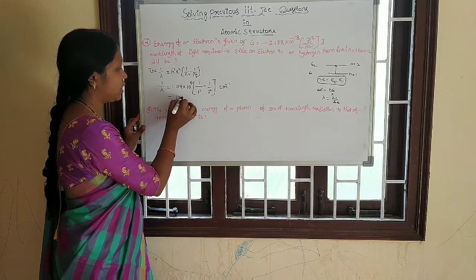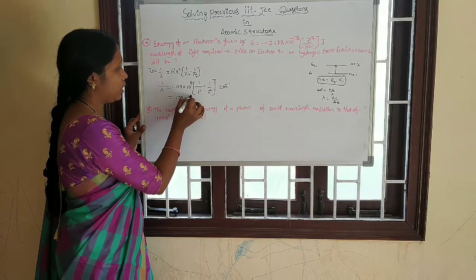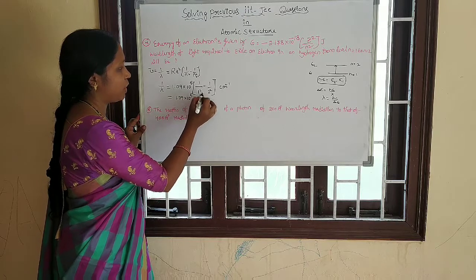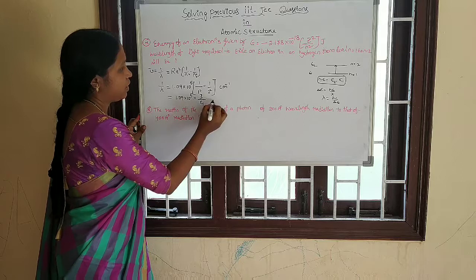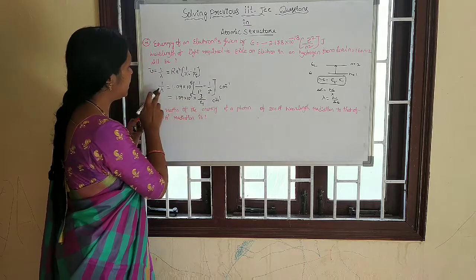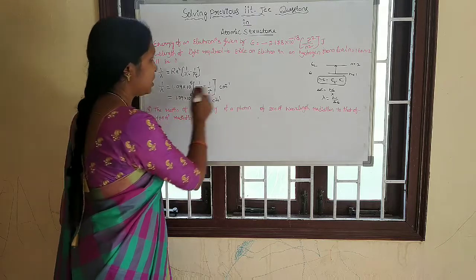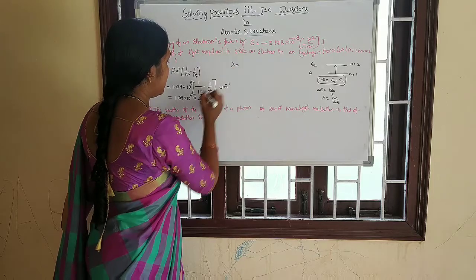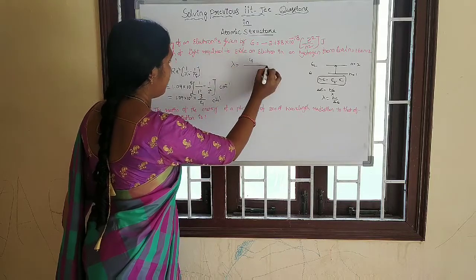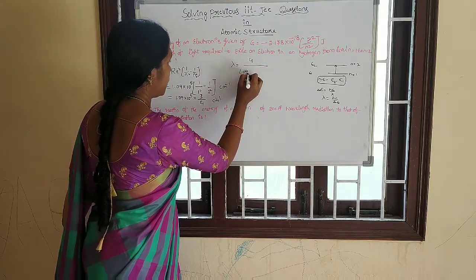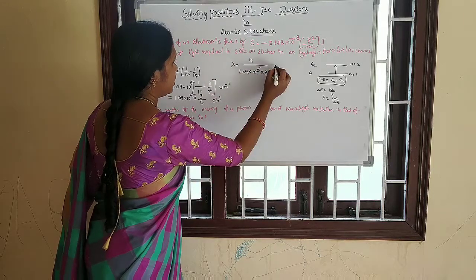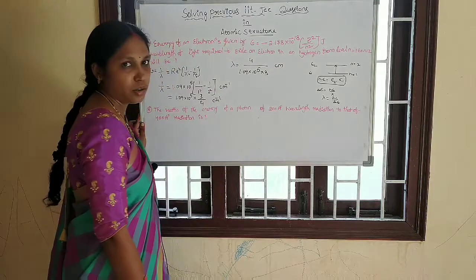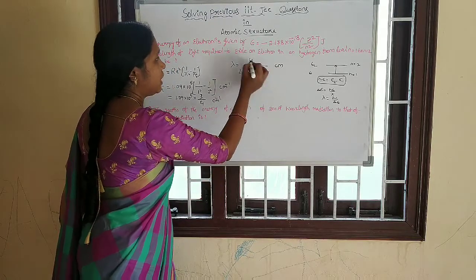So 1.09 into 10 power 5 into 3 by 4 centimeter inverse. That is 1 by lambda. What is lambda? Lambda is the inverse of this one. So 4 by (1.09 into 10 power 5 into 3) centimeter. Okay, 3 will cancel.